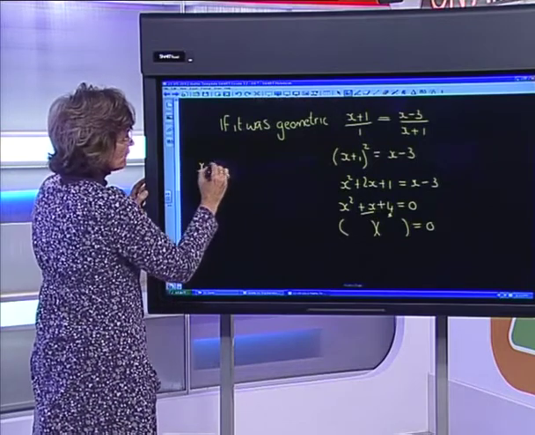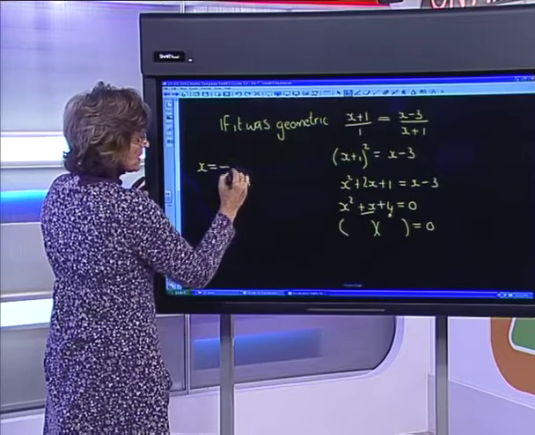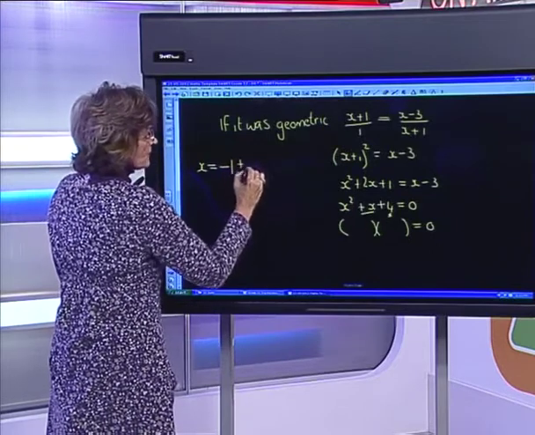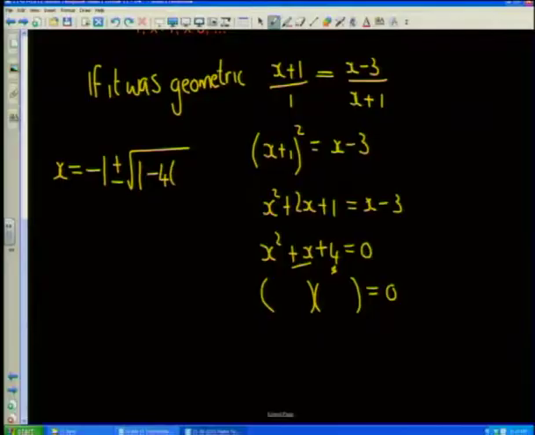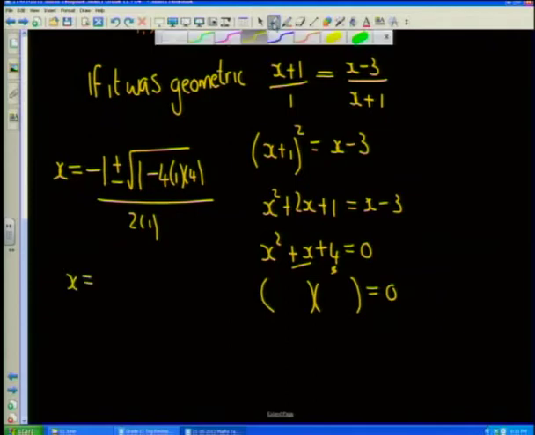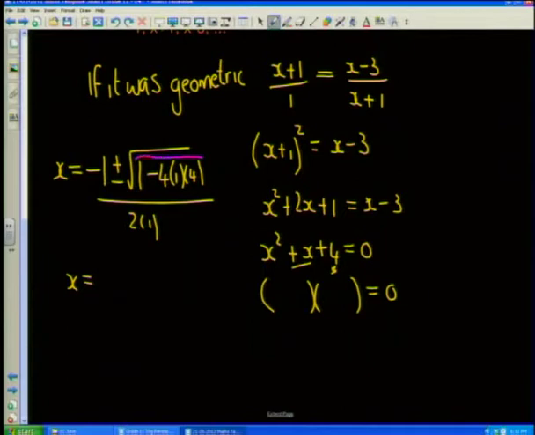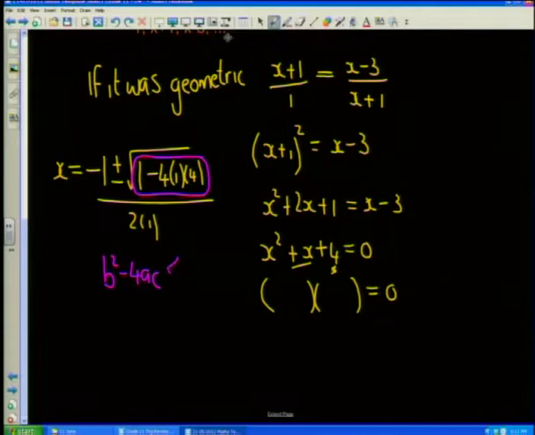Now, even if you try the formula, you're going to get minus b plus or minus the root of b squared, which is 1, minus 4 times a, which is 1, times c, over twice a. I don't even have to do anything more, because I'm sure you've recognized that this value, which is b squared minus 4ac, has landed up being a negative.